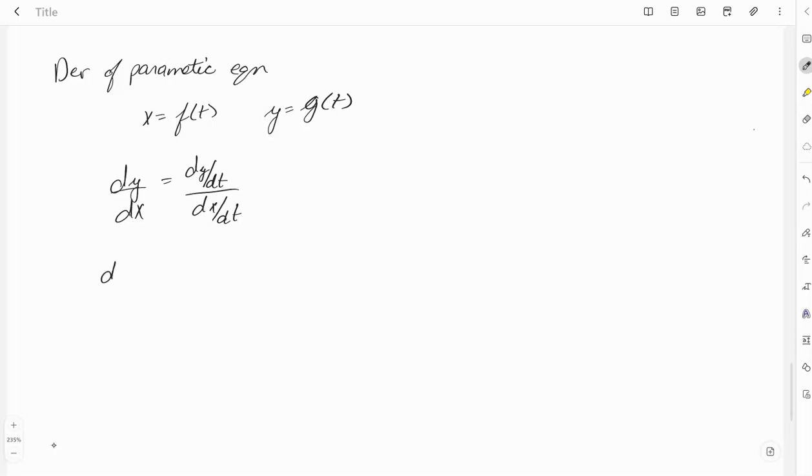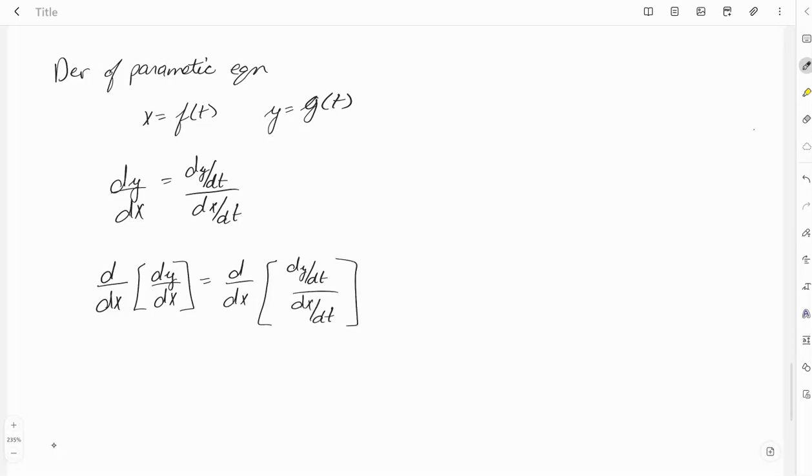So to find the second derivative, we want to take the derivative with respect to x of the first derivative. And that first derivative was dy over dt over dx over dt.